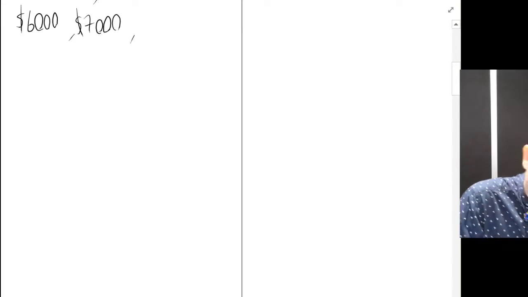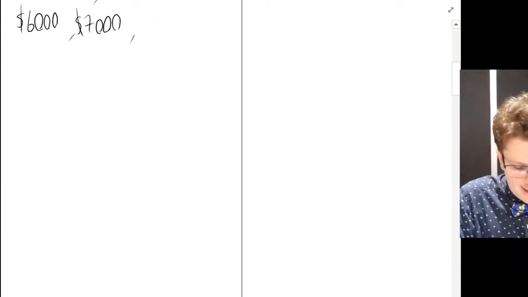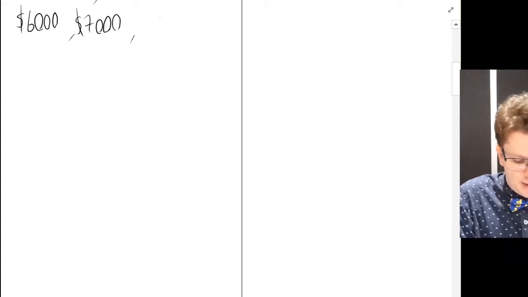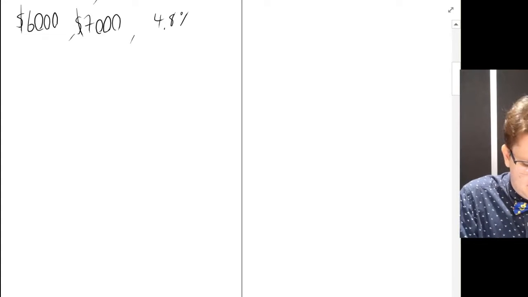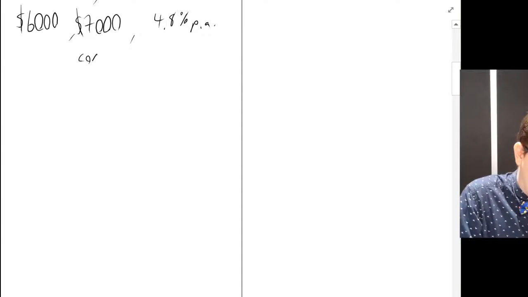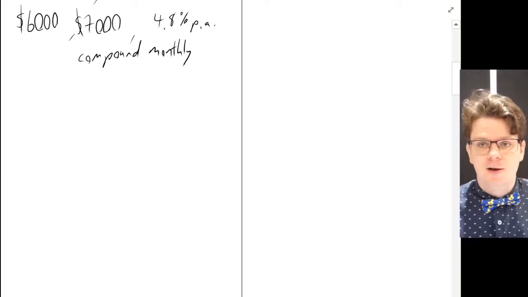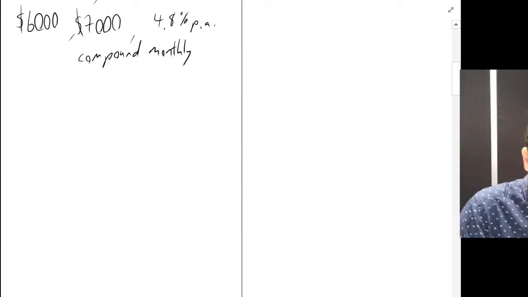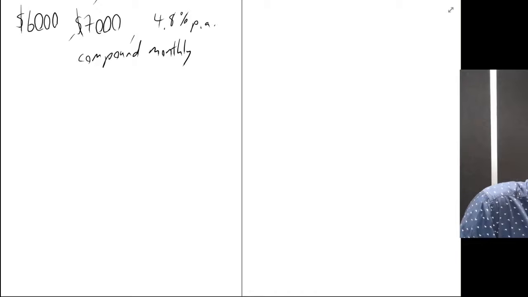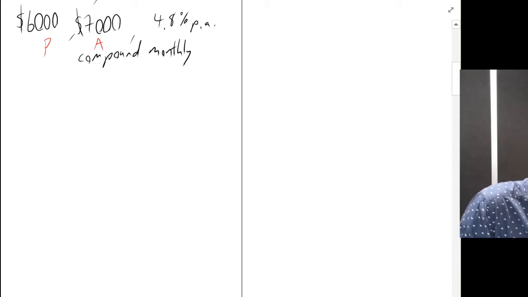And I talk to the banks and they say, Mr. Kettle, best offer we can give you is 4.8% per annum. And like most banks, they compound monthly. Okay, so it's no longer compounding yearly, which means a little bit of funny business needs to happen. I've got to convert from a per year to a monthly rate.